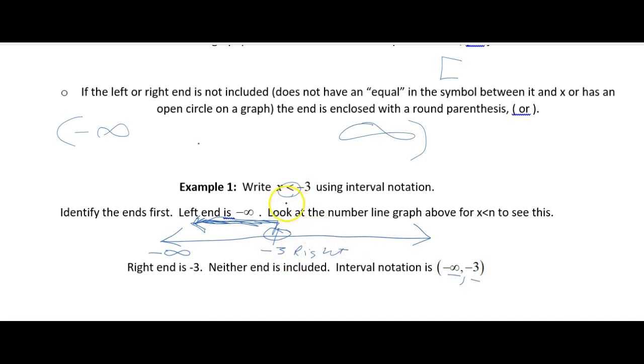A lot of times students have trouble when there's only one number involved, trying to decide whether it's negative infinity or positive infinity, or even whether the negative goes on the left or the right. You will never have negative infinity as the second number because it'll never be on the right. And you'll never have positive infinity as the first number because it can never be on the left. So in this case, because there's no equal sign, we use round parentheses around both ends. The negative infinity can never be included.